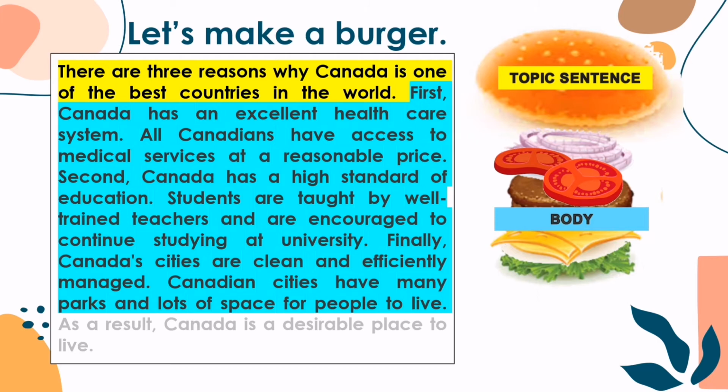Second, Canada has a high standard of education. Students are taught by well-trained teachers and are encouraged to continue studying at university. Finally, Canada's cities are clean and efficiently managed. Canadian cities have many parks and lots of space for people to live. So here are the supporting details for our topic sentence.